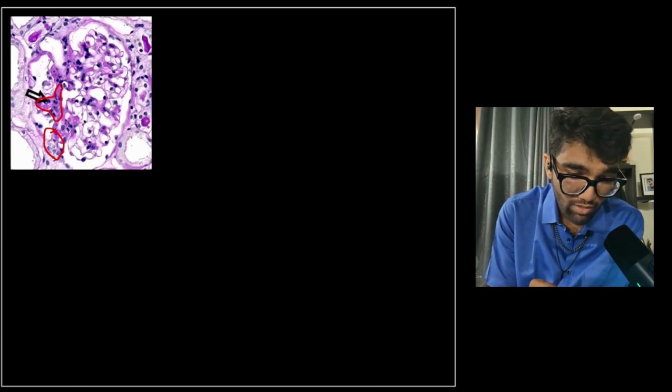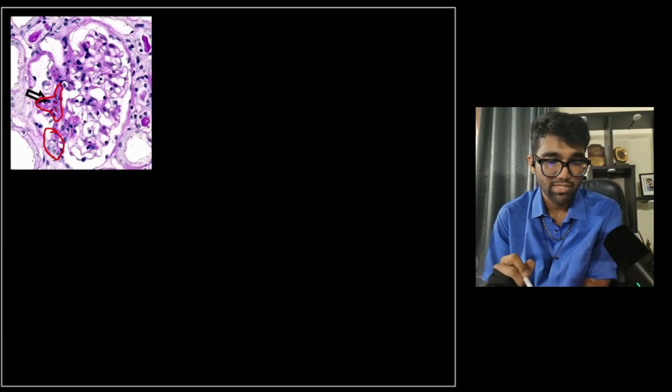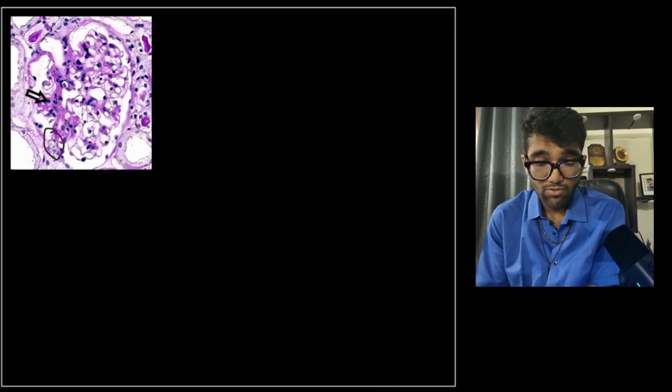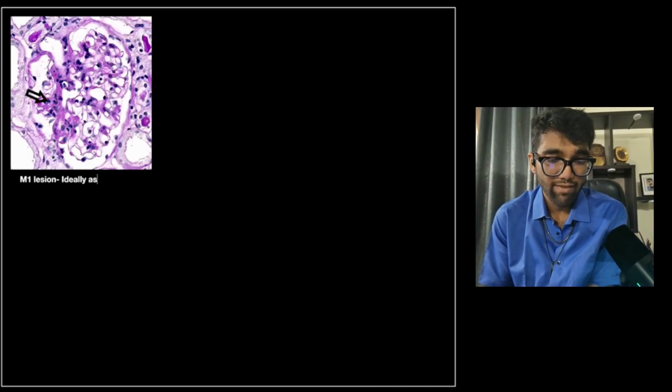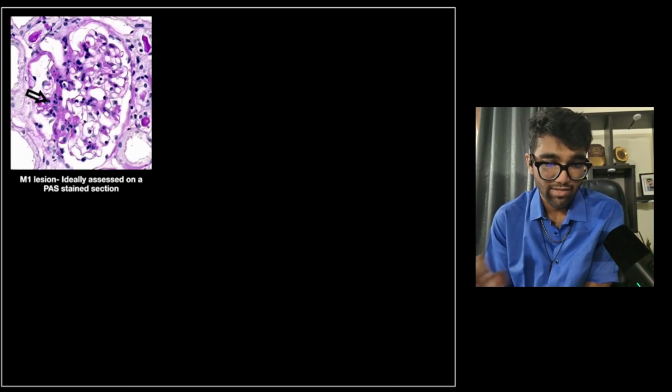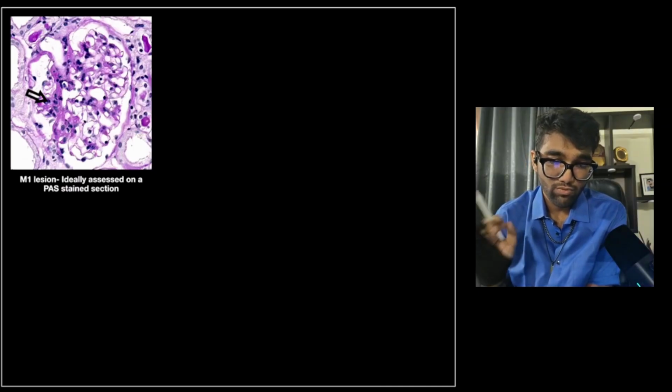As you can see, there are 1, 2, 3, 4, 5, 6, 7 mesangial nuclei. So this is definite mesangial hypercellularity. If that is present, we would call it an M1 lesion. Okay, and this is a periodic acid-Schiff stained section. So we would call this an M1 lesion.